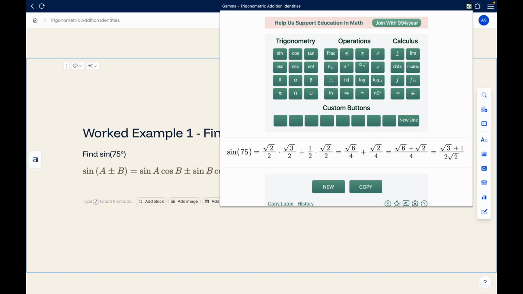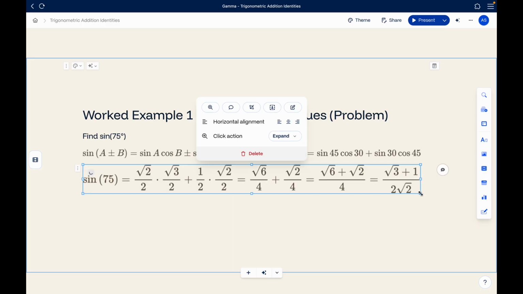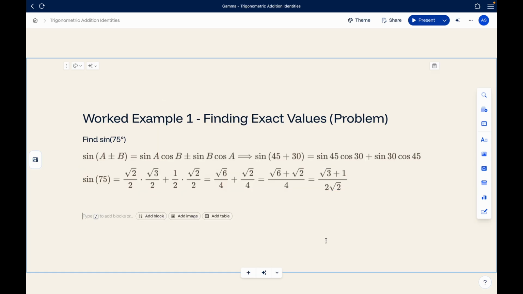And this is technically the most simplified form, but it doesn't have a rational denominator. And some textbooks or quizzes or exams require you to have it in rational form. But if not, both solutions are perfectly fine. And normally, I generally like to show both solutions just to make sure you have a clear idea on how everything works.